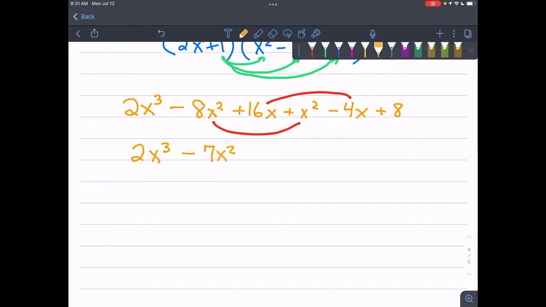Yep, negative 7x squared. It's negative 8, positive 1, negative 7. And then 16x minus 4x is 12x. And any other like terms? Plus 8 by itself. Yeah, so x cubed doesn't have anything. X squared, nothing to combine anymore.